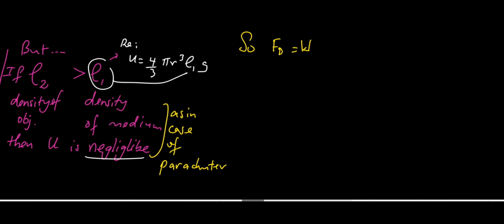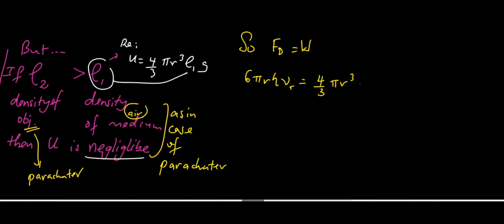As a result, we can now determine the terminal velocity of the spherical object using just these two forces. Once again, if upthrust is negligible, and this is only the case where the density of the object is greater than the density of the medium involved, we get the following equation.